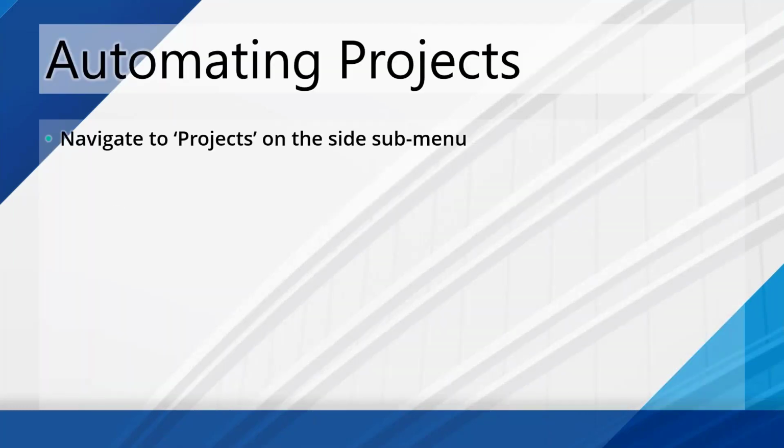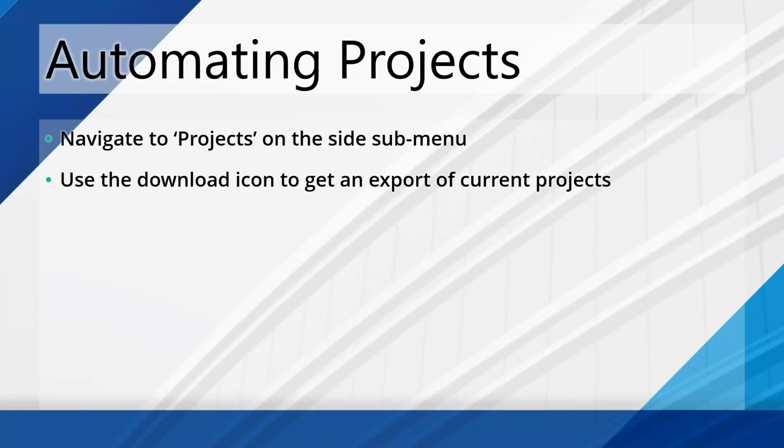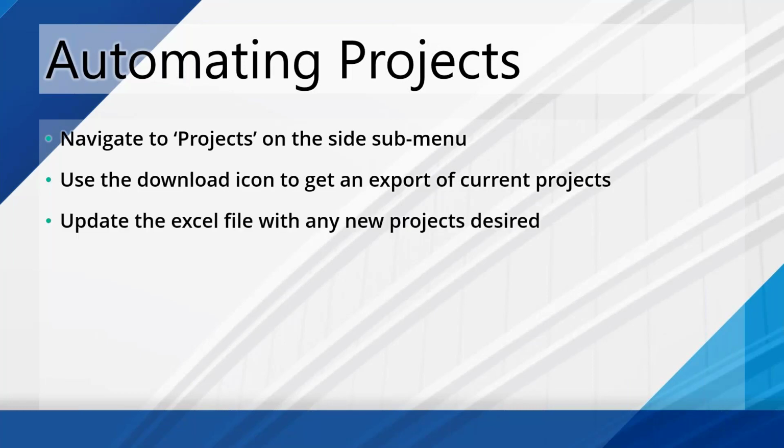You can navigate to the projects. We just did that a moment ago on that side sub-nav menu, or the top projects. Either way works. There is a download icon that shows up there that allows you to export the current list of all of your projects and all of their current settings, and paths for that matter. When you download that, it sends you an email.